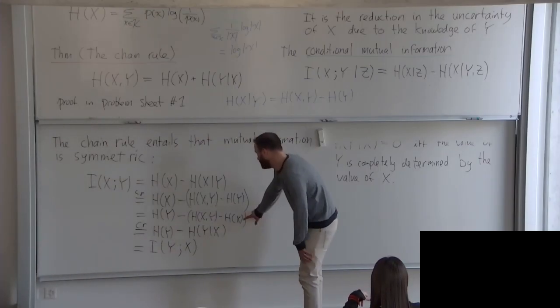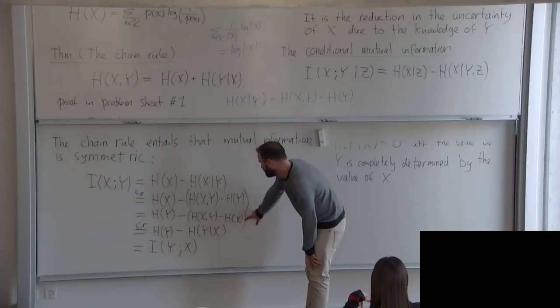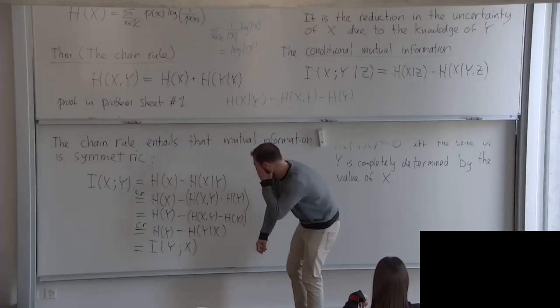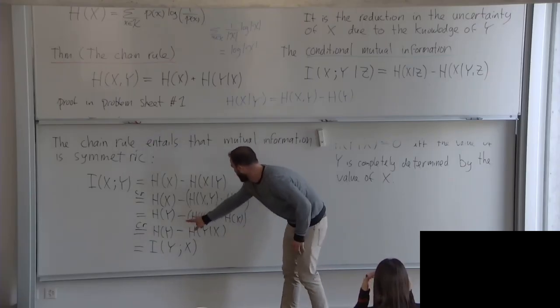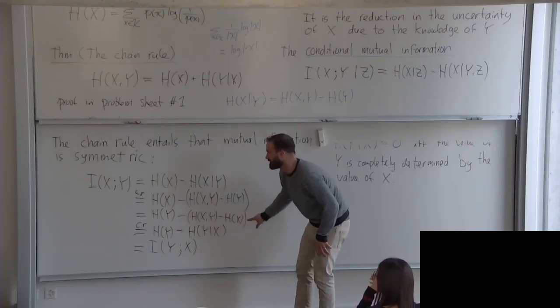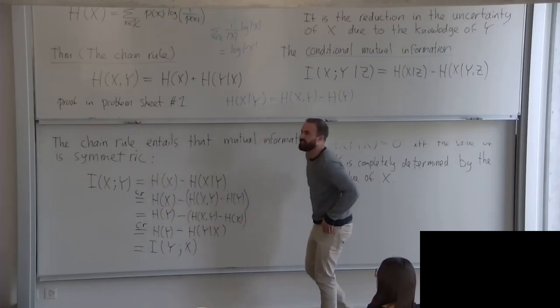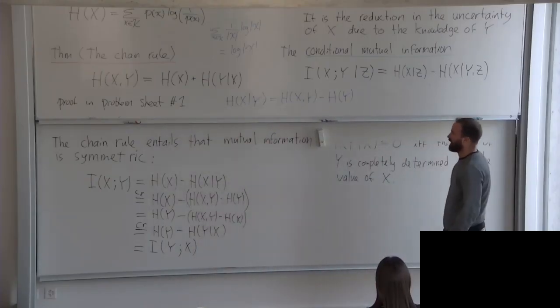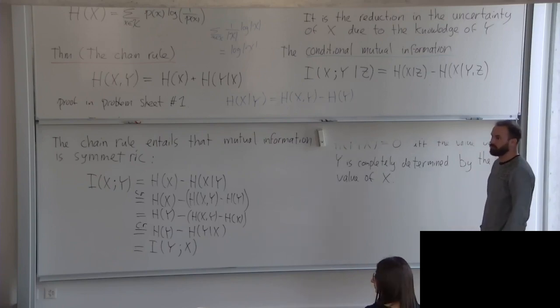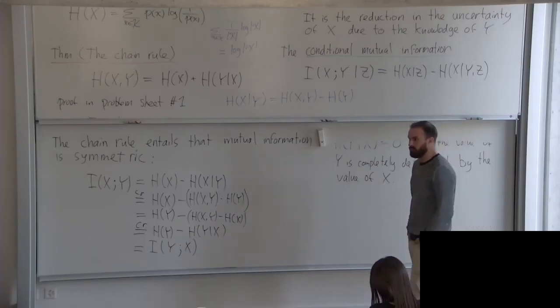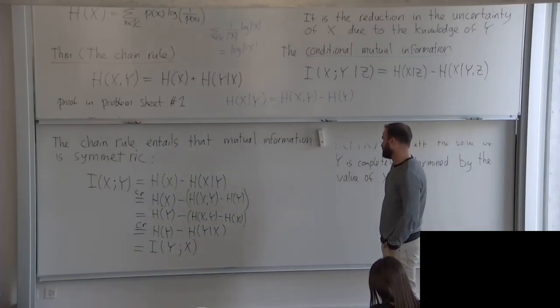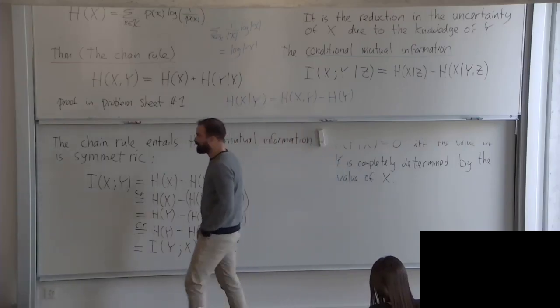If you write the intermediate steps, you have h of x plus h of y minus the joint entropy, right? Yeah, correct.